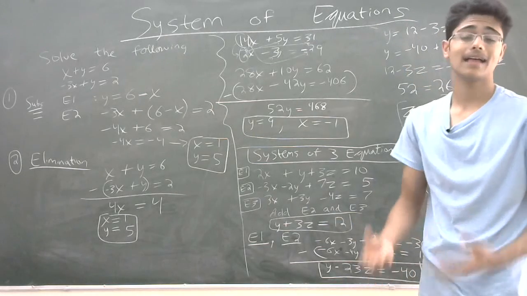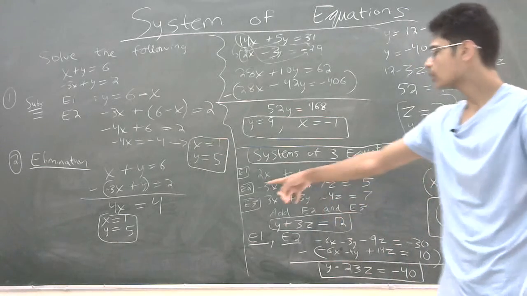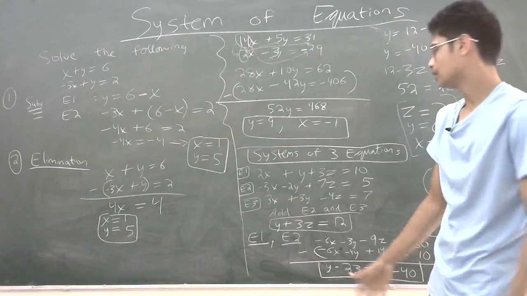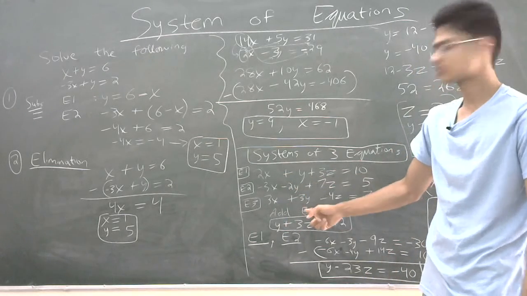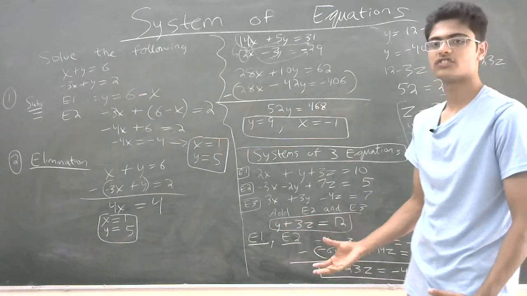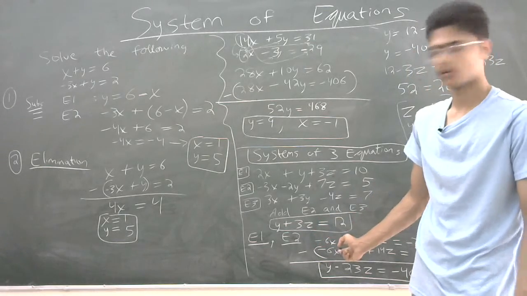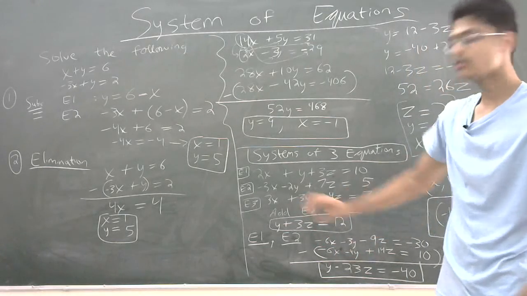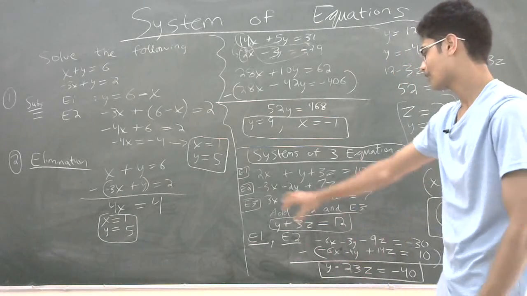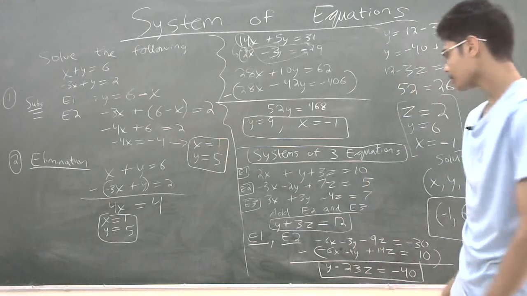So why not add equation 2 and equation 3? If you add equation 2 and equation 3, clearly the x's are cancelled out. And you have negative 2y plus 3y, which gives you y. And you have 7z plus negative 4z, which is really 3z, giving you 5 plus 7 or 12. And so out of those three equations, you made it much simpler because you now have one equation defined with two variables.